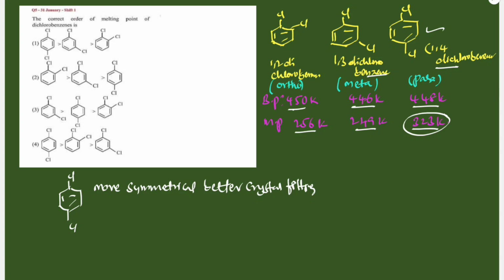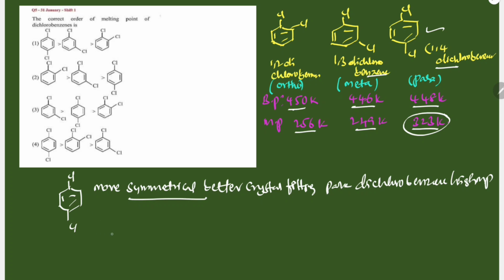Para dichlorobenzene has a high melting point due to symmetry.